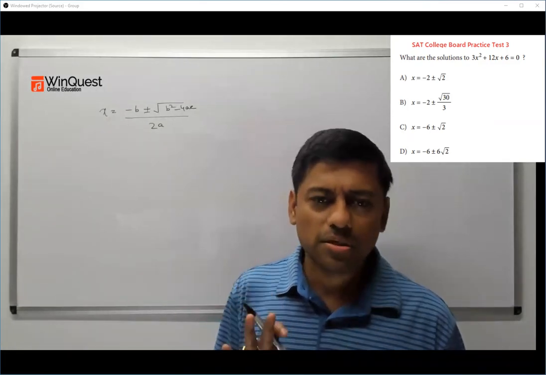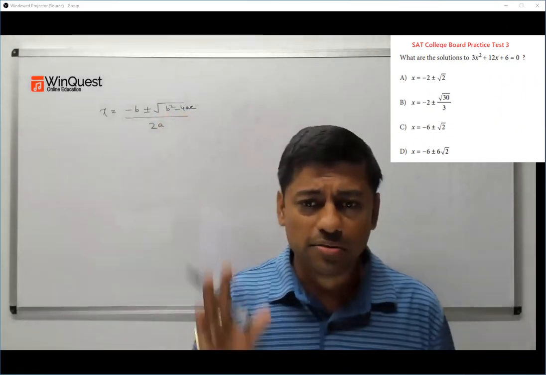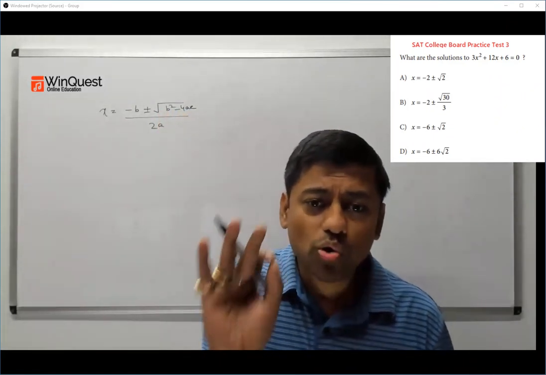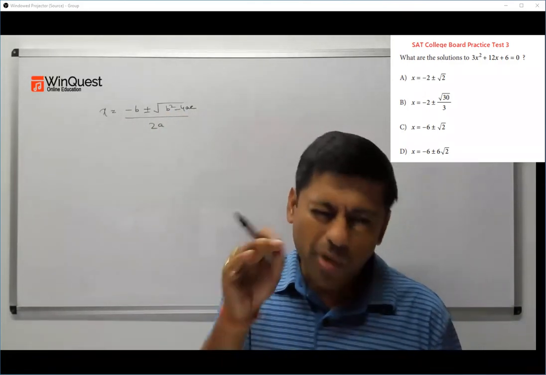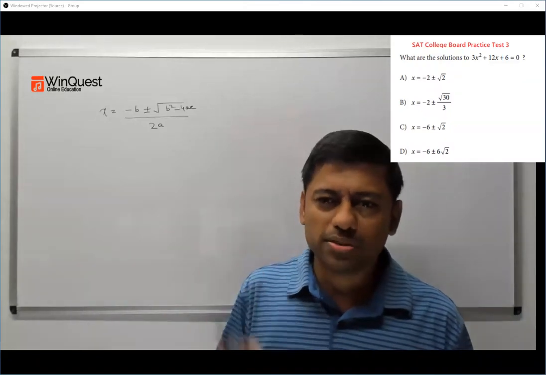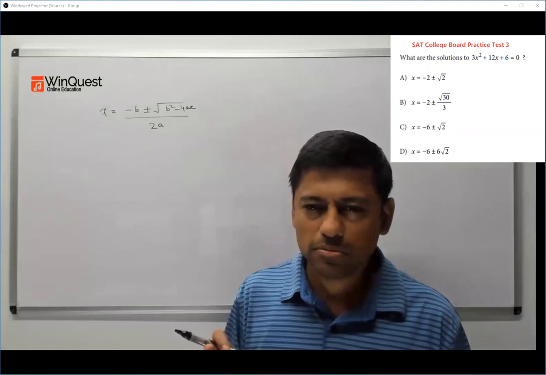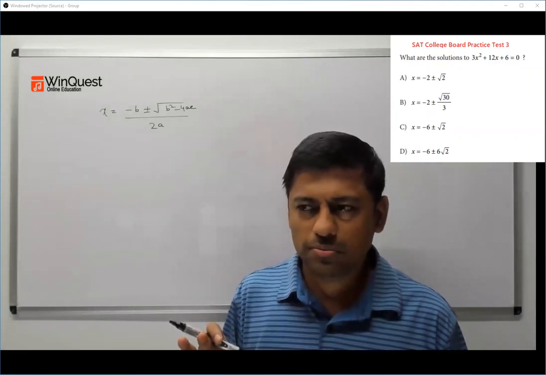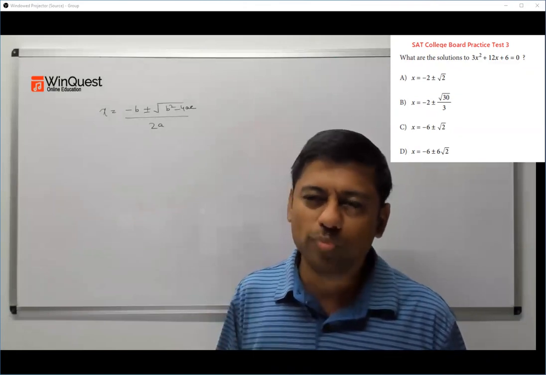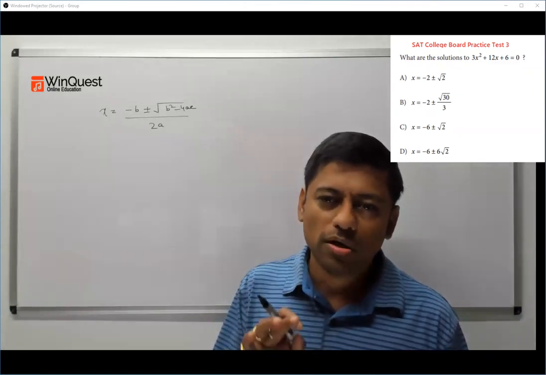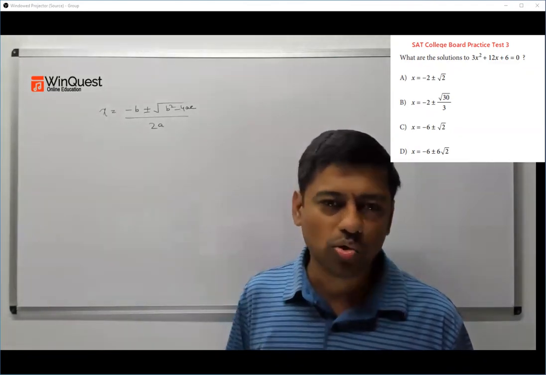So if I calculate only this portion, b square minus 4ac, and get to know what is actually coming up, I will probably be in a good shape to understand which one is the closest one. Am I okay? Yeah, that makes sense. No, it will not make too much sense, because if I get 2, I will have root 2 everywhere. A, C, D, all options have root 2. I will not be very clear.